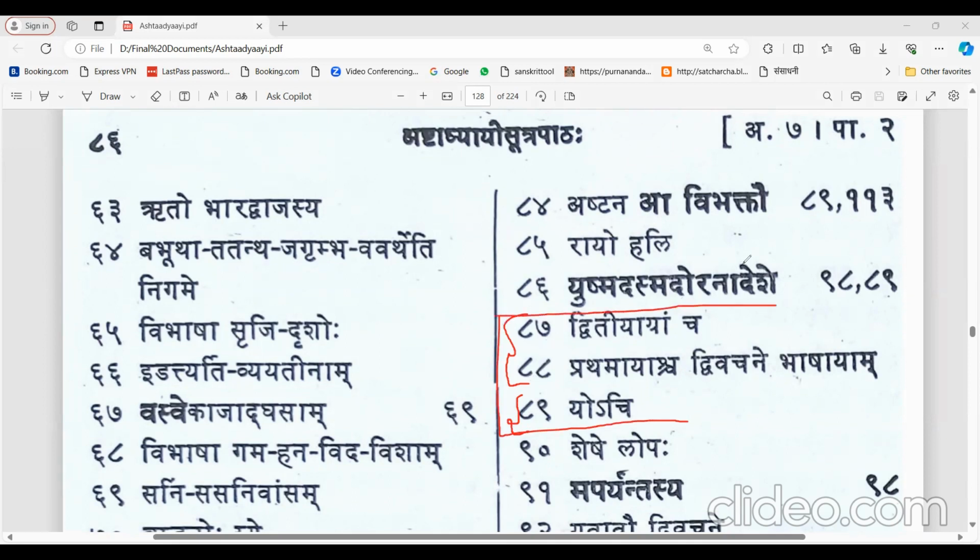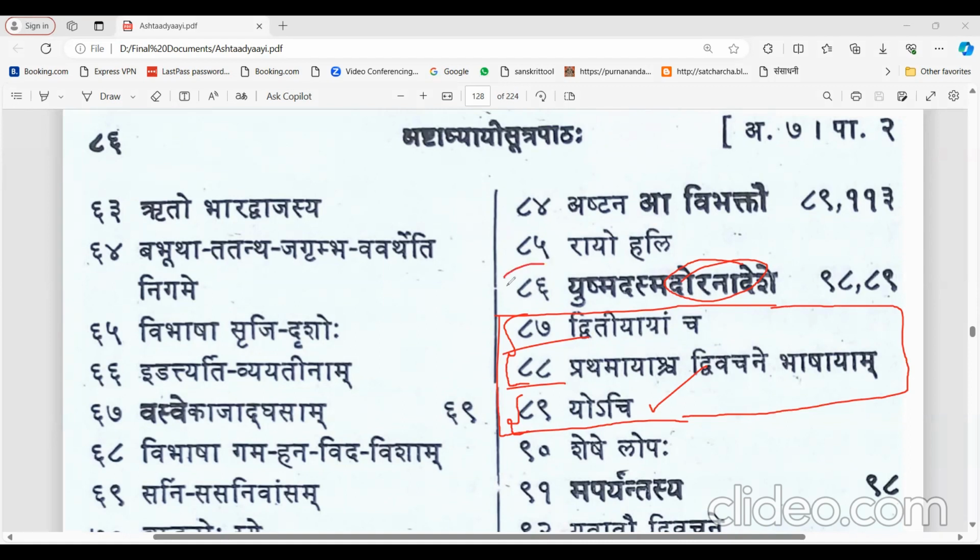Therefore, this sutra 86 must be Yushmadasmadoho Anadesha Aladi Vibhakti Pratyaya. We have to take it like that. Because the changes happening when Anadesha Ajadi Vibhakti Pratyaya follows are given here, and the changes happening when Adesha Ajadi Vibhakti Pratyaya follows are given in 87 and 88. Therefore, this must be dealing with Aladi Vibhakti and Anadesha Aladi Vibhakti Pratyaya.